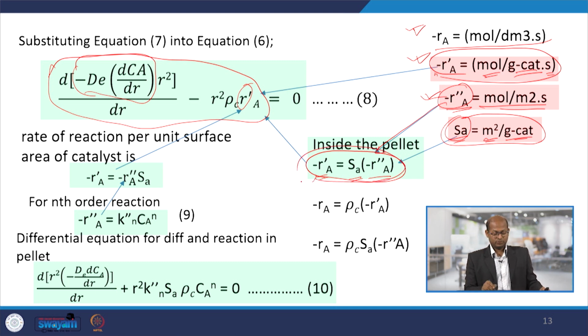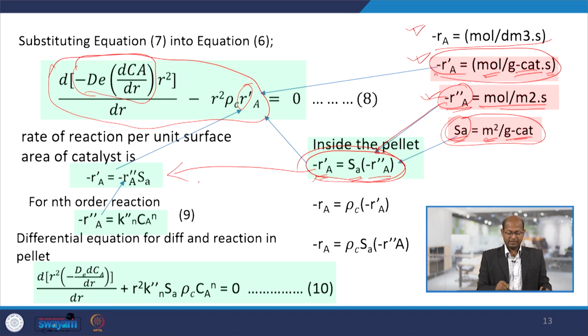So here minus R A prime equals R A double prime into S A. The rate per unit area basis is usually expressed as minus R A double prime equals K double prime for nth order reactions, C A to the power n, that is the concentration of A to the power n.